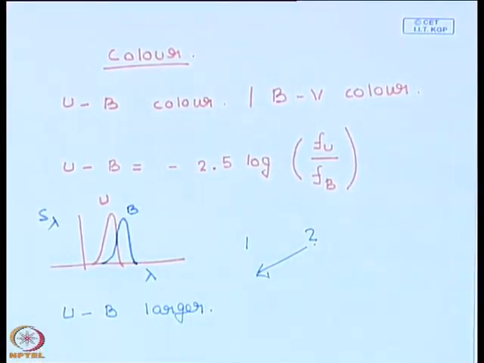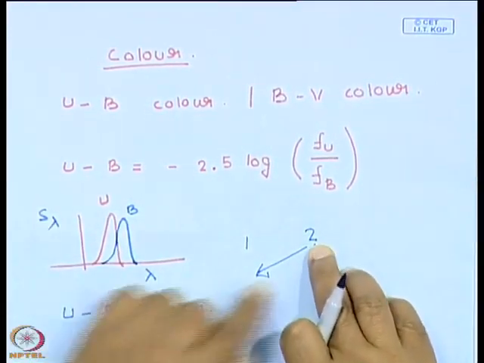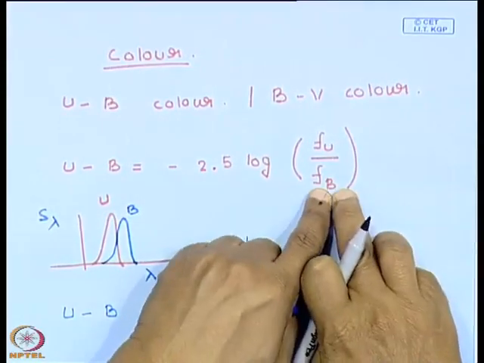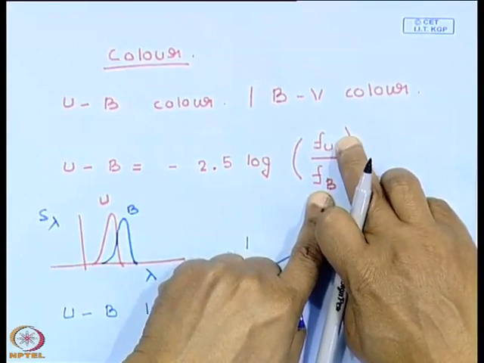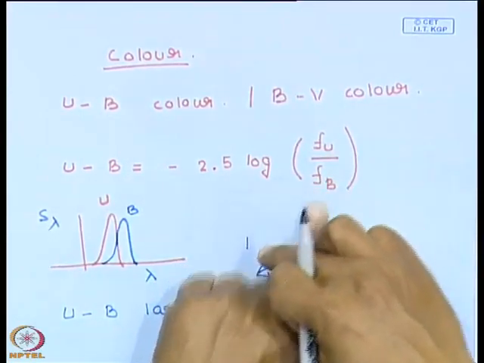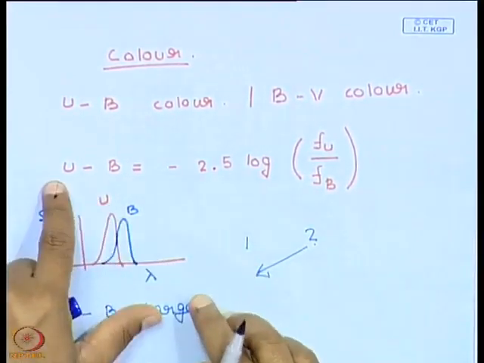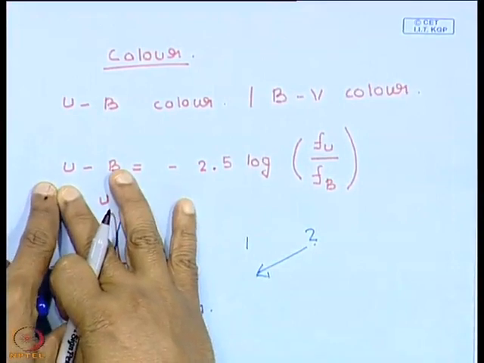What does it tell us? It tells us that since U minus B is larger, for 2 the blue flux is more than the ultraviolet flux relative to 1, because this is a larger, positive value.